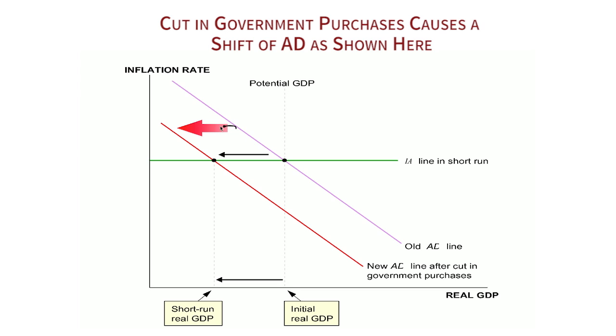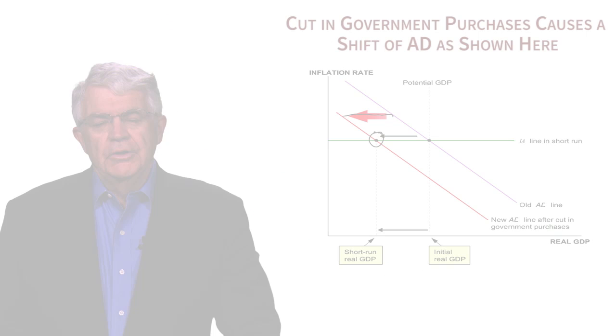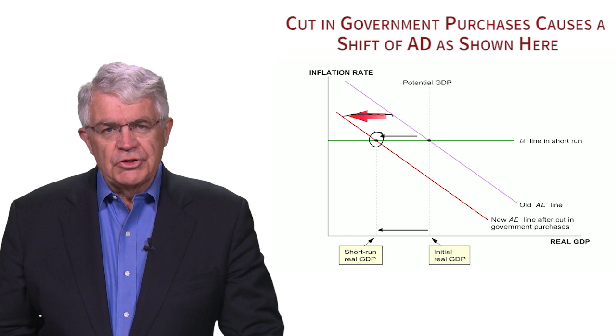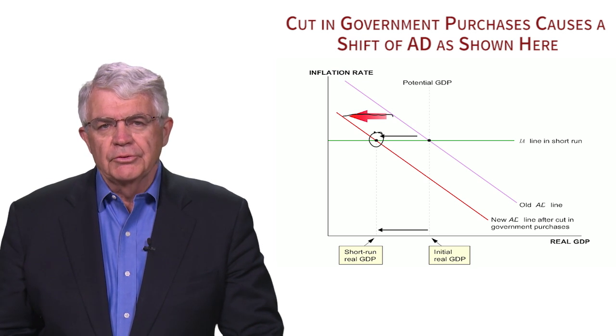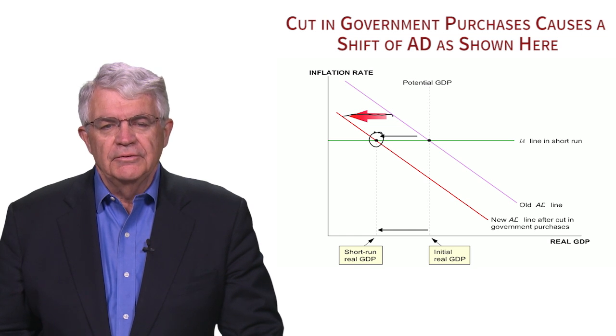And you can see that moving over to the left there, this arrow. That's going to create a new intersection between the inflation adjustment line and the aggregate demand curve. The inflation adjustment line doesn't change because in the short run, prices and wages don't change much, they're sticky, and so inflation rates remain steady at the level indicated by the IA line.